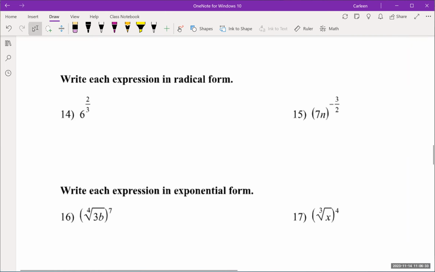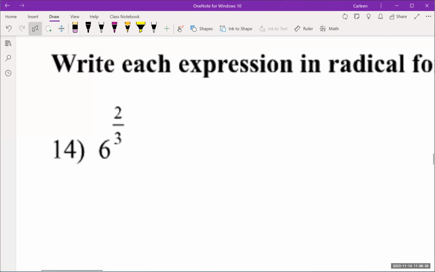Okay. Now, we kind of talked about this. This 6 has a power and a root. Okay. The roots are under the ground. The power is up above the ground. So the 2 is the power and the 3 is the root.